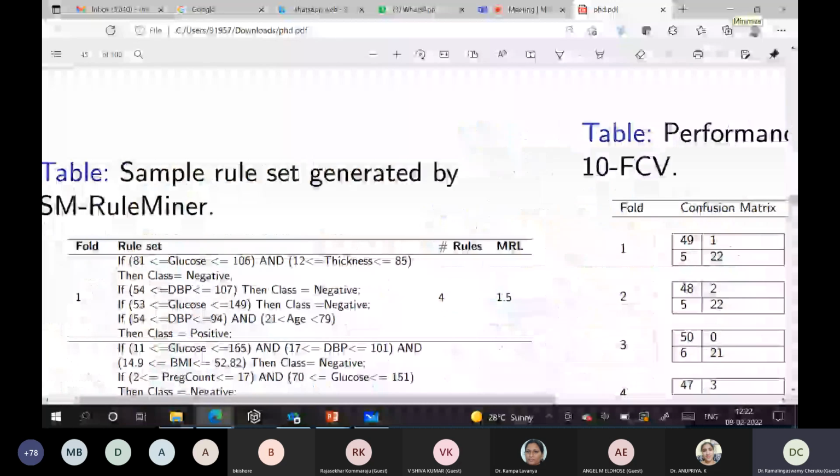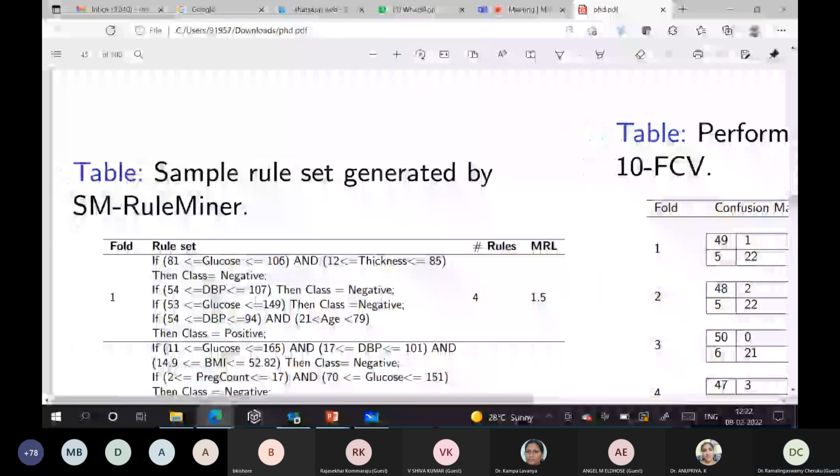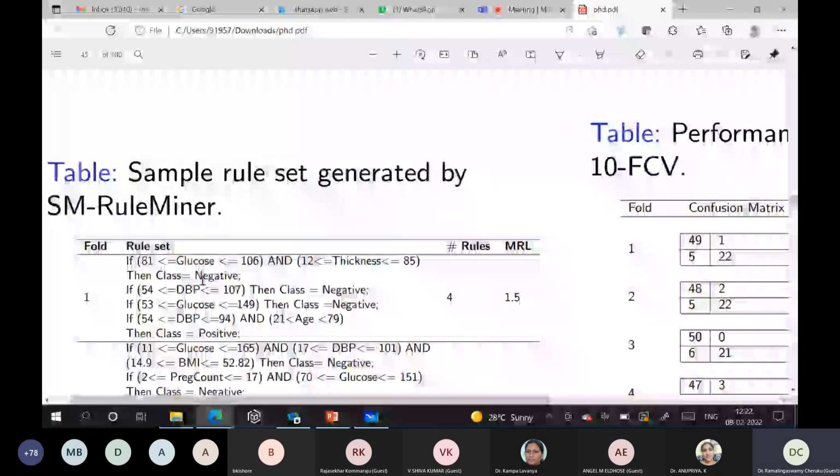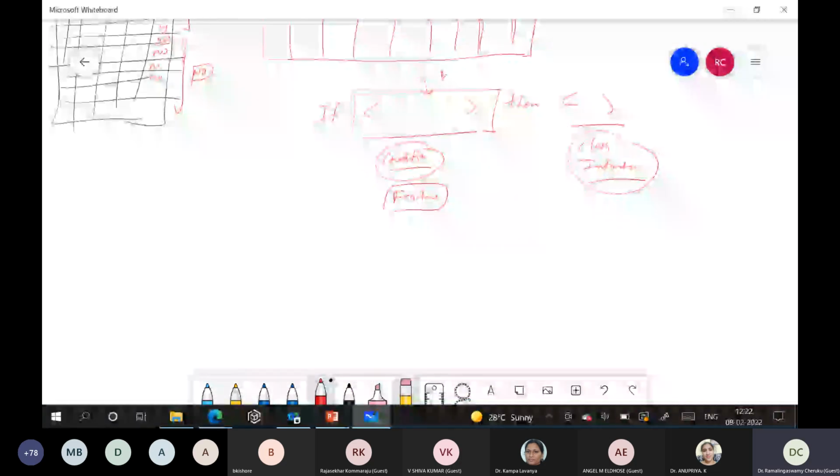If you see, the features are something like glucose, and there are some lower and upper bounds, a condition on top of your features, and there are multiple features involved in the if part. So we can have in the if part the condition on multiple features, and these features will be combined with the help of the AND operator, of course.